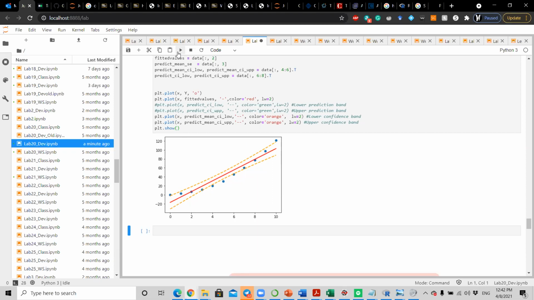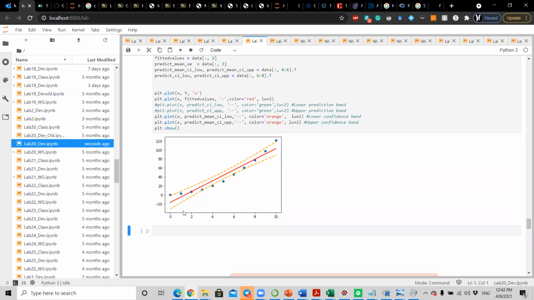I get that. Okay, I give it to you. We have already created the line of best fit based on our blue points. So the red line is there. The orange lines of that bandwidth are telling us that we are 95% confident that the true linear fit of the population will be somewhere within these limits.